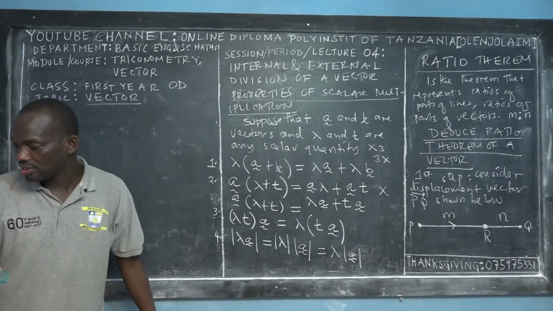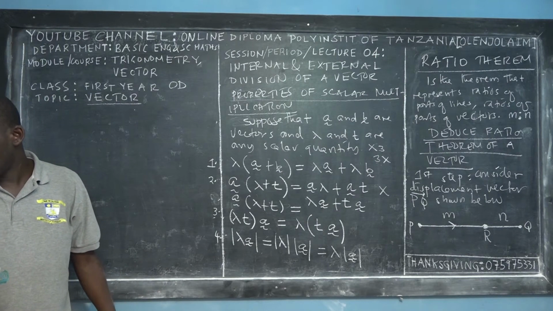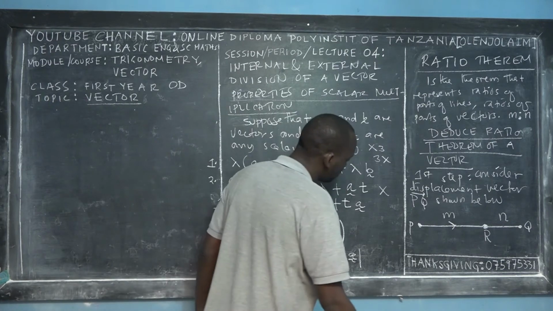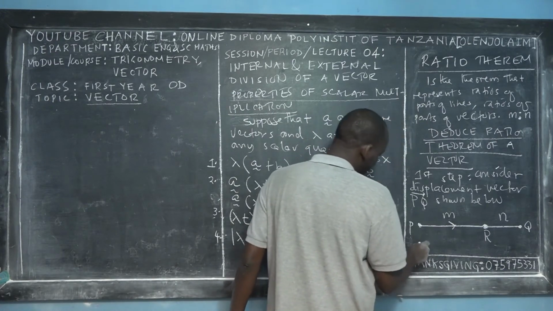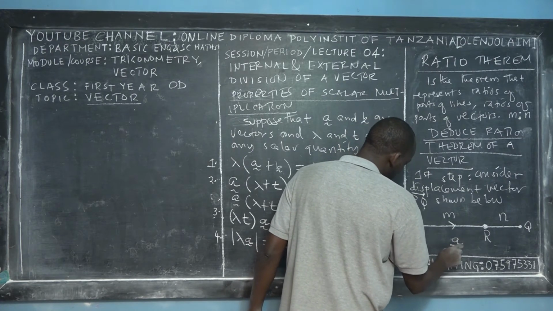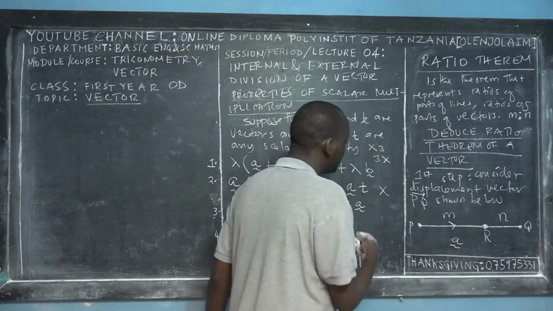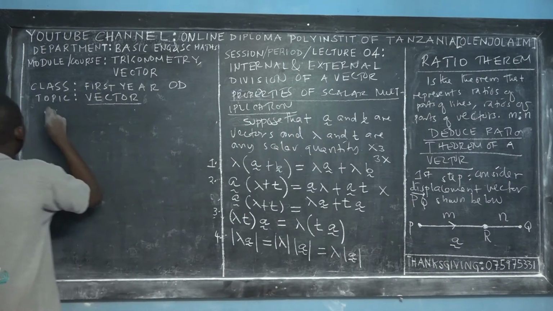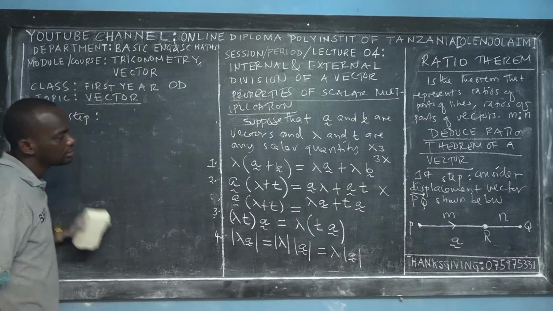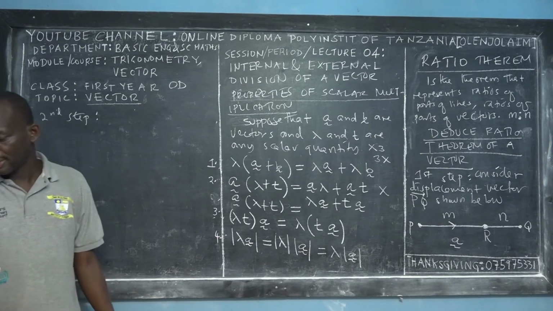So if that's the case, you say that we can have a certain vector. Suppose that vector PQ is equal to vector A. Okay. So, second step.